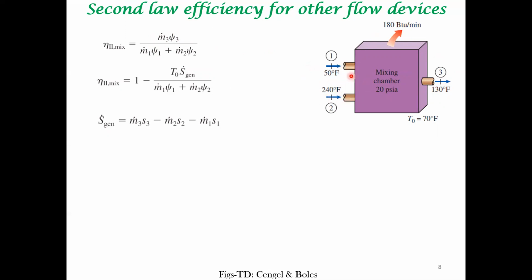So that's the way you look at systems where there is inherent irreversibility associated with the process. You cannot really define a reversible system because mixing doesn't operate in a reversible manner.